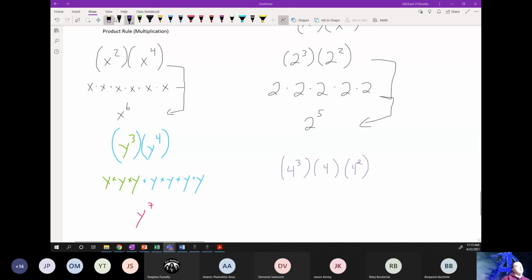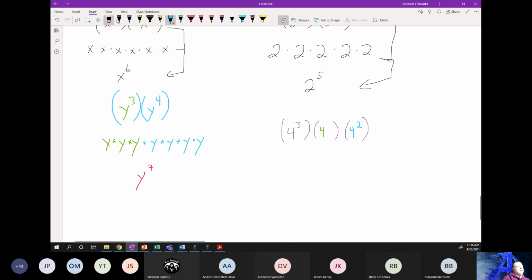So let's take a look at this one here. We'll do this one just to make sure, and it's got a little trick in it. If I were to expand this out, I'd have 3 purple ones, 4 times 4 times 4.